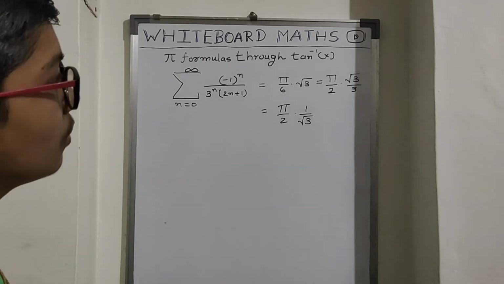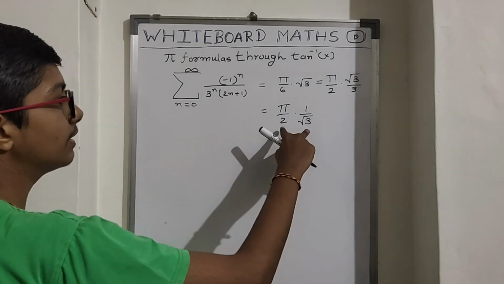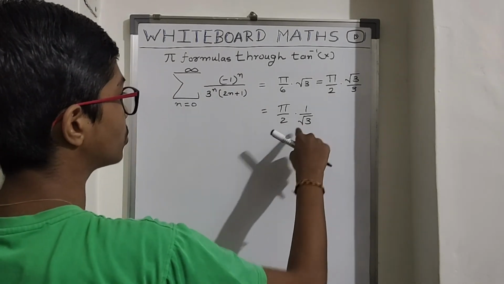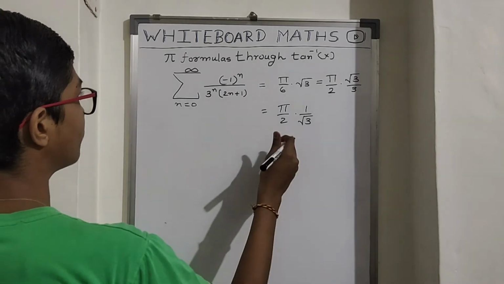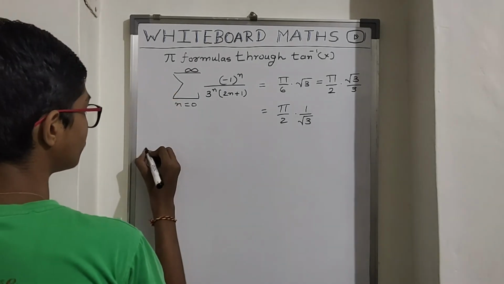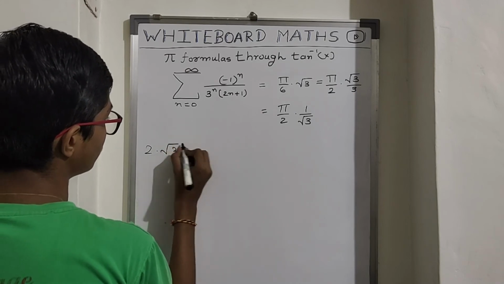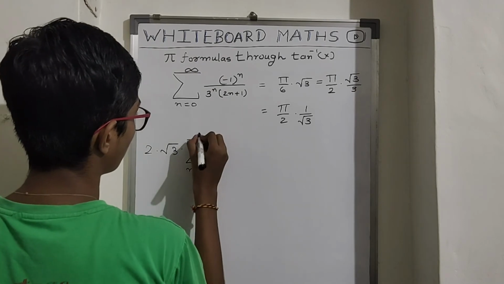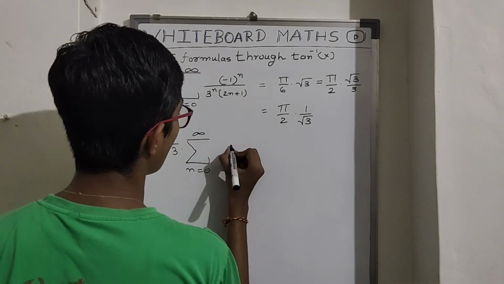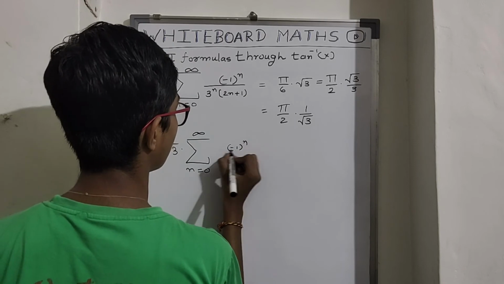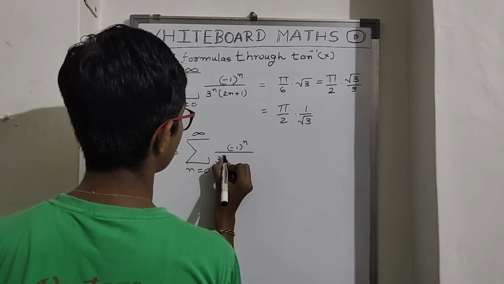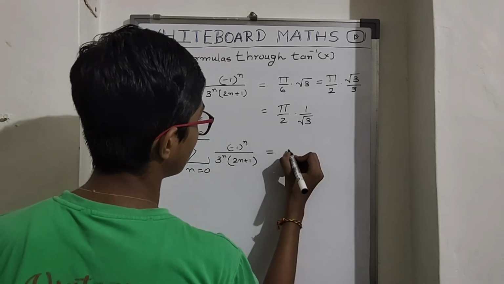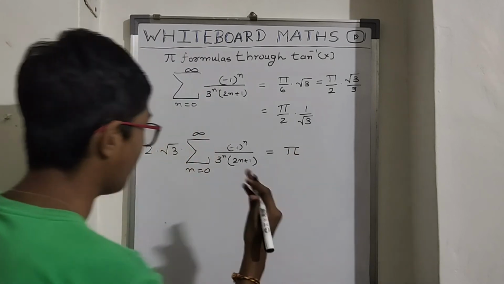And now what we will do is multiply both sides by 2 root 3, and we were left with 2 times root 3 times this infinite sum going from 0 to infinity of negative 1 to the n divided by 3 to the n times 2n plus 1, equal to just pi.